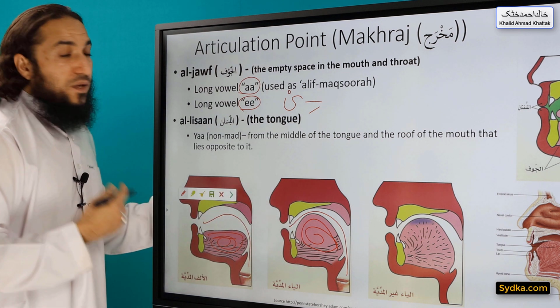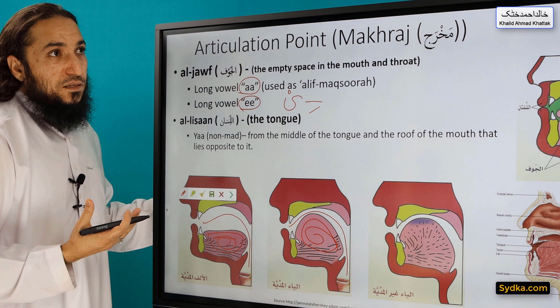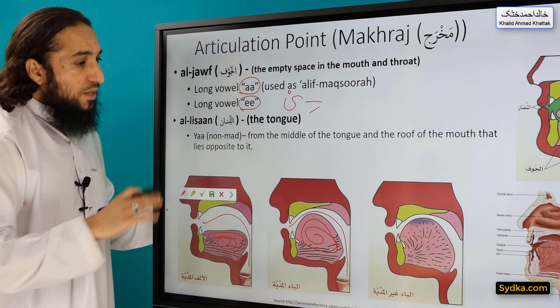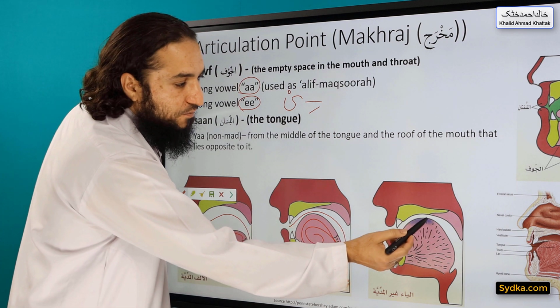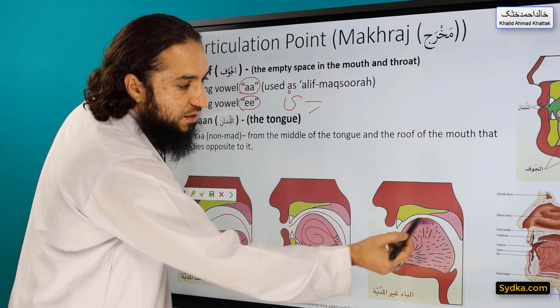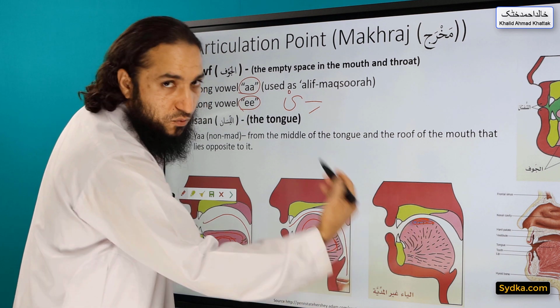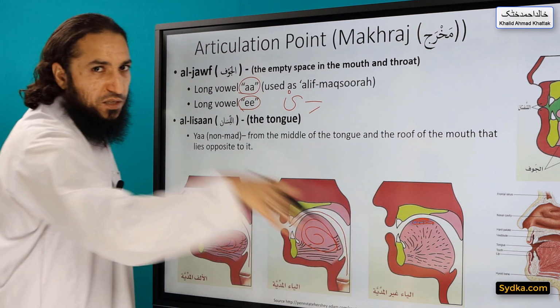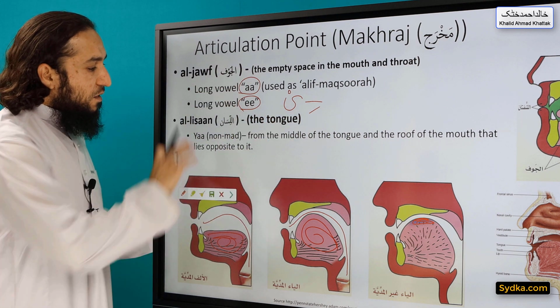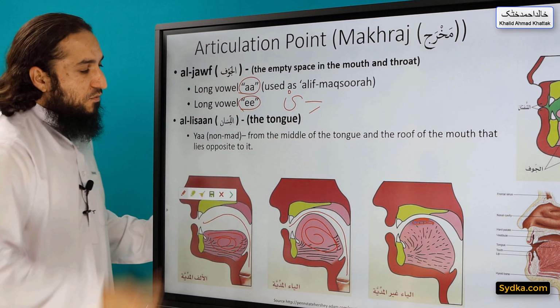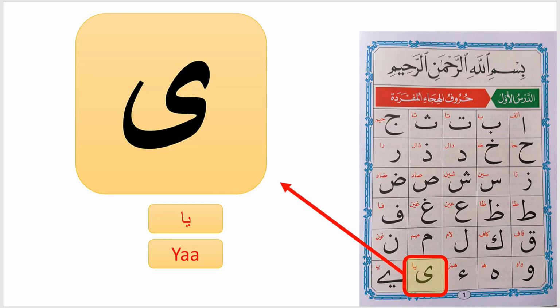The third one is when the ya is used as a consonant. Then the articulation point is different. That's the middle of the tongue and what is opposite to it. But we will explain this in the following session. So this part is explained in the following session, and these two are here.